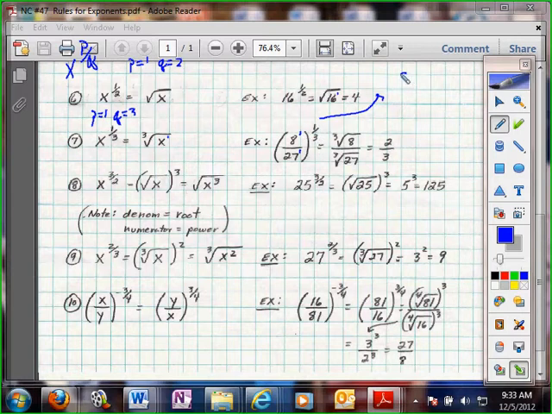So this becomes 8 to the power of 1/3 over 27 to the power of 1/3. And using p's and q's, p is 1, q is 3, this becomes the cube root of 8 over the cube root of 27. And you may or may not know what the cube root of 8 is. It's 2. The cube root of 27 is 3, and my answer is 2/3.